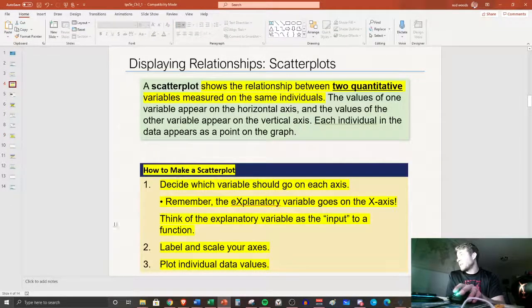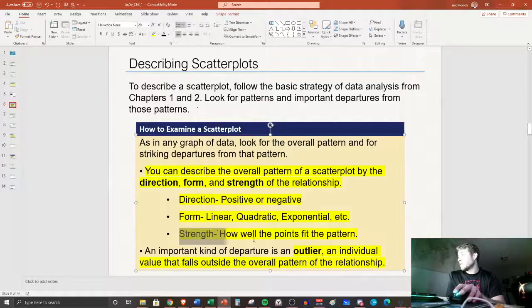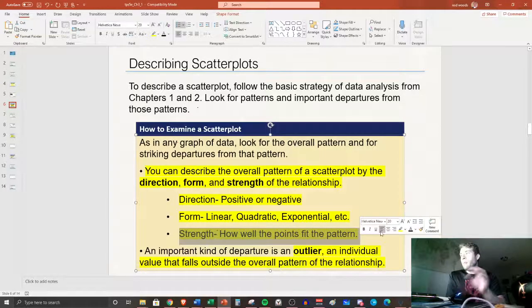That was something that we wanted to decide here. What's the strength? How well the points fit in the pattern, right? They make this line. What is the strength? So when we're talking about this value R, we're talking about the strength of the relationship within that scatter plot.